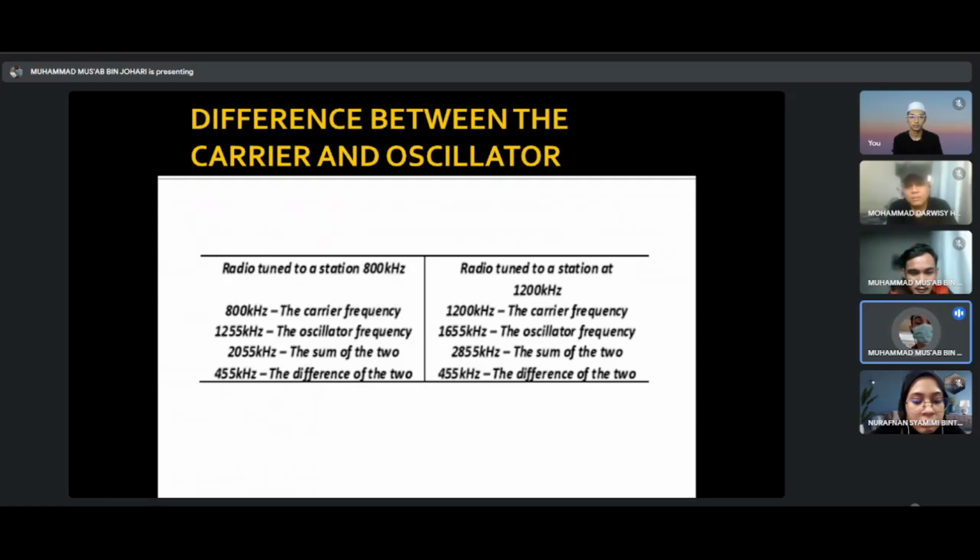The sum of the two for the carrier is 2055 kHz, and for the oscillator is 2855. And the difference of the two for the carrier is 555 kHz, and for the oscillator is 455.